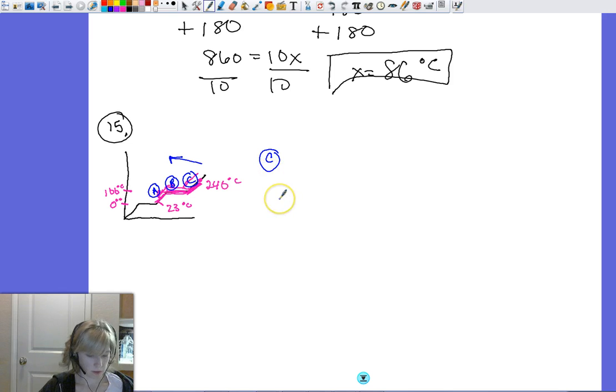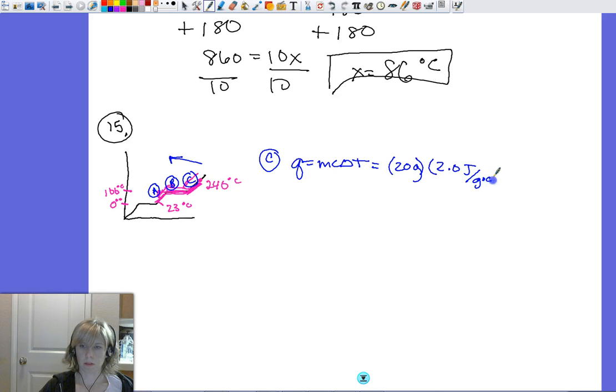So for section C, we are going to be using our Q equals mc delta T because we have a change in temperature. It's not a plateau region. Our grams are 20 grams. Our specific heat, I'm going to use 2.0 joules per gram degree Celsius.